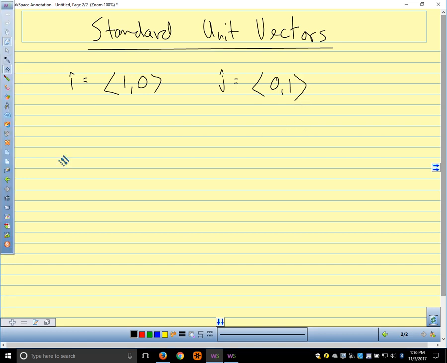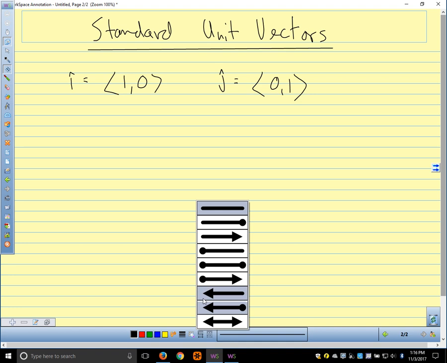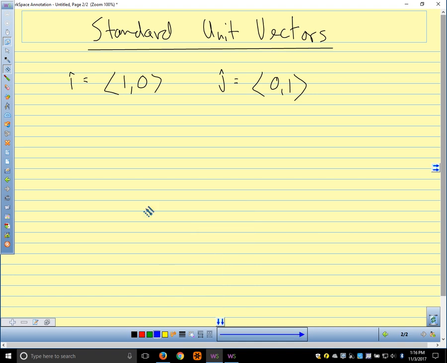The way we can think of these is i hat is just a unit vector that points in the x direction, and j hat is a unit vector that points in the y direction.